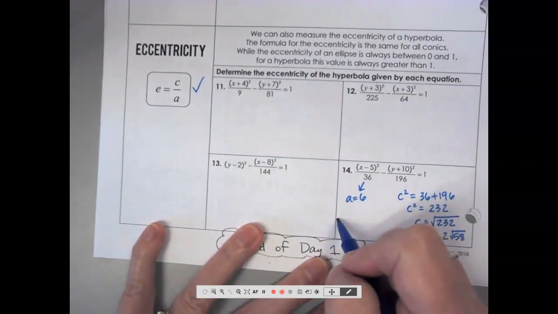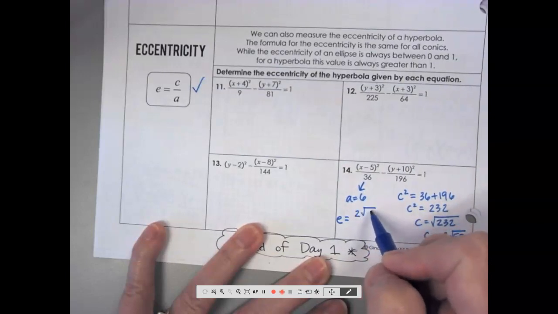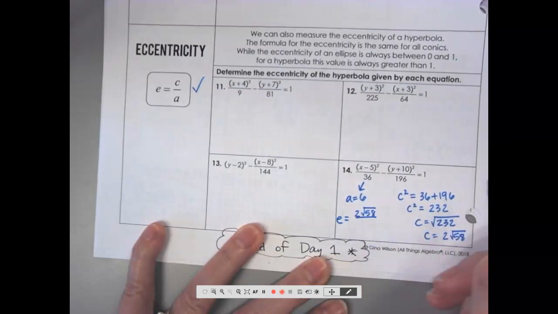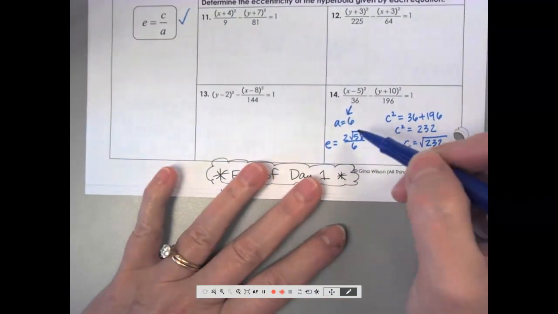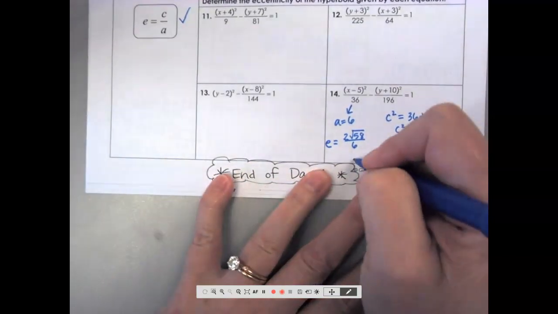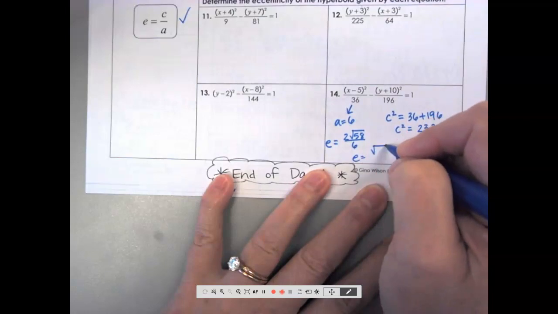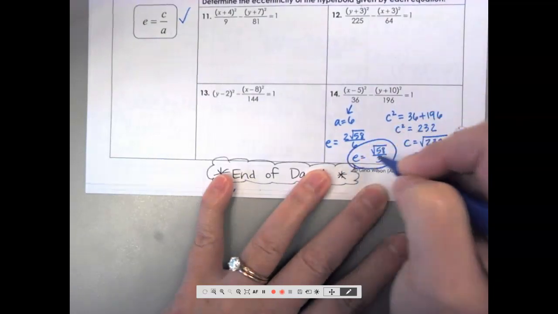Okay, so my eccentricity is C over A. Does that reduce? The 2 and the 6 reduce, right? So my eccentricity is square root 58 over 3. And that's it.